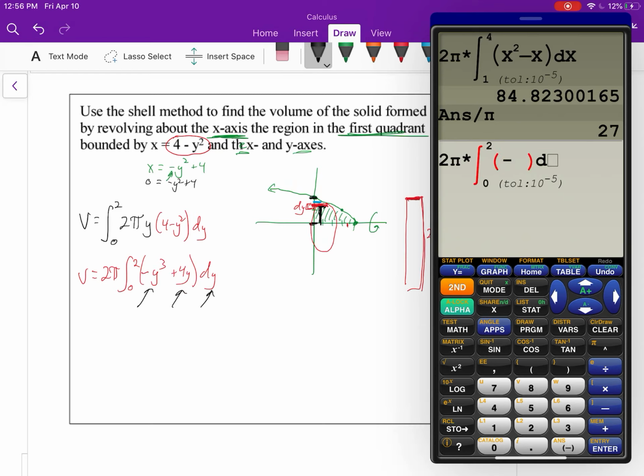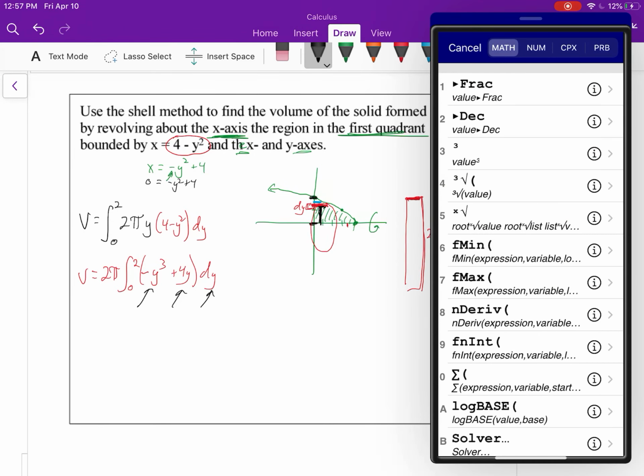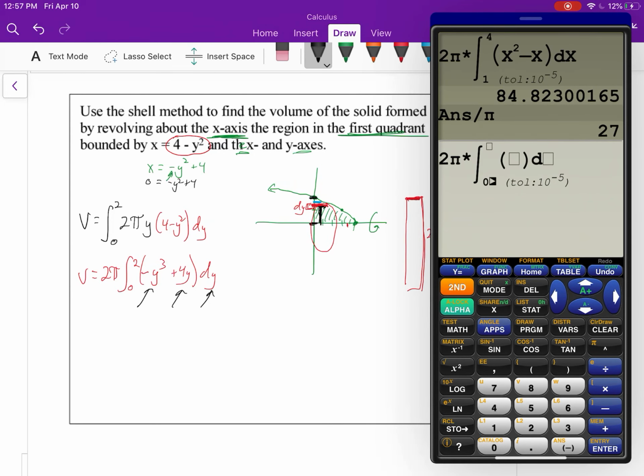So we're going to put negative x cubed, oops, did it again. So 2 pi times the integral from 0 to 2 of negative x cubed plus 4x dx.